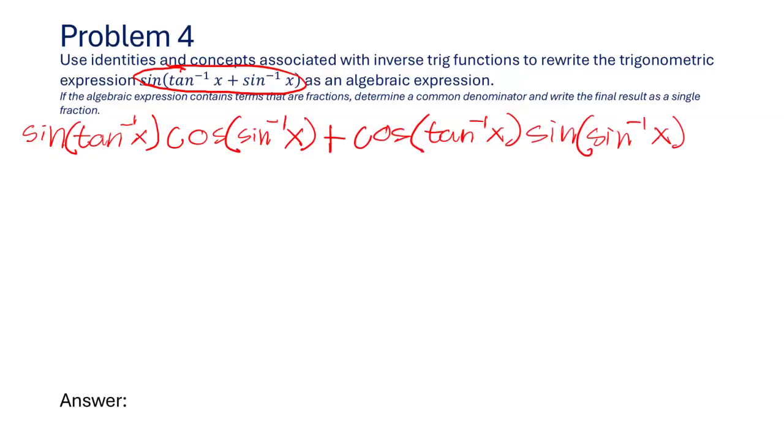And if we look at this, we have a sine and then an arcsine. So these kind of get rid of each other and just leave us with an x right here.